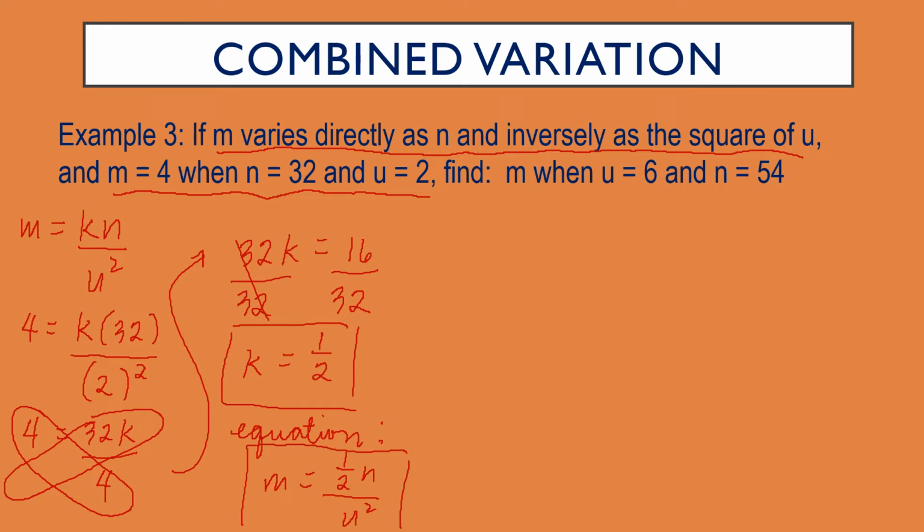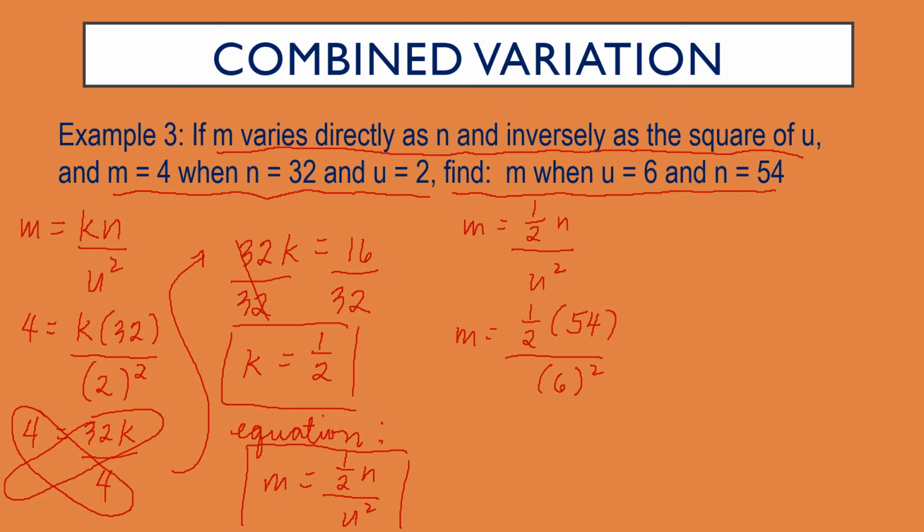Let us now solve for what is being asked in the problem. We have find m when u is 6 and n is equal to 54. Using the equation, m is equal to 1/2 n over u squared. Let us solve for m when n is 54 and u is 6.